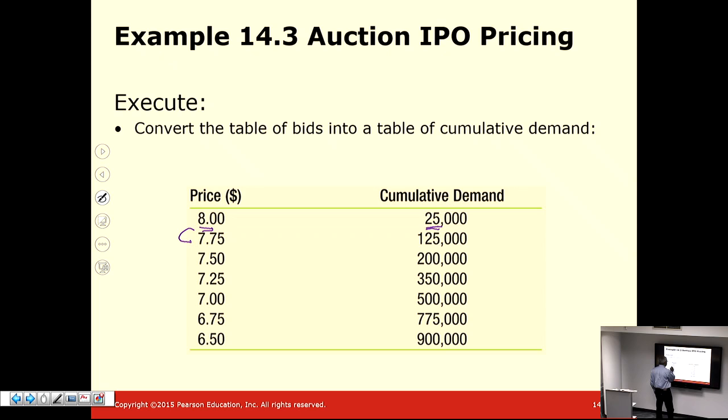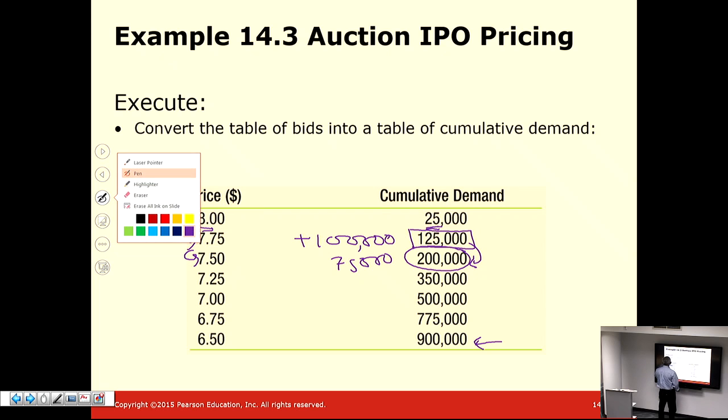Then I go to the next highest bid. But this time over here, I'm looking at cumulative demand, because it is 25,000 from the first bid to the 100,000 for the second bid. Then I go to the next one. The next bid was for 75,000 shares. So now the cumulative offering is 125 plus the 75, which is 200,000. And I keep on repeating it until I get to the end.